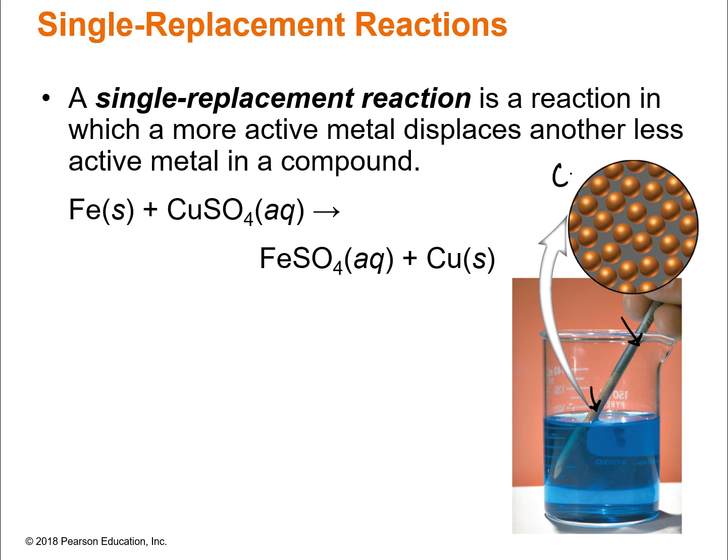That brown is actually copper. And what happens is, since iron is more active than copper, the iron replaces the copper in solution. So you dissolve some of the iron and it's hanging out with the sulfate ions, and the copper gets kicked out. Get your bags and go. So it's actually plated onto that iron nail.